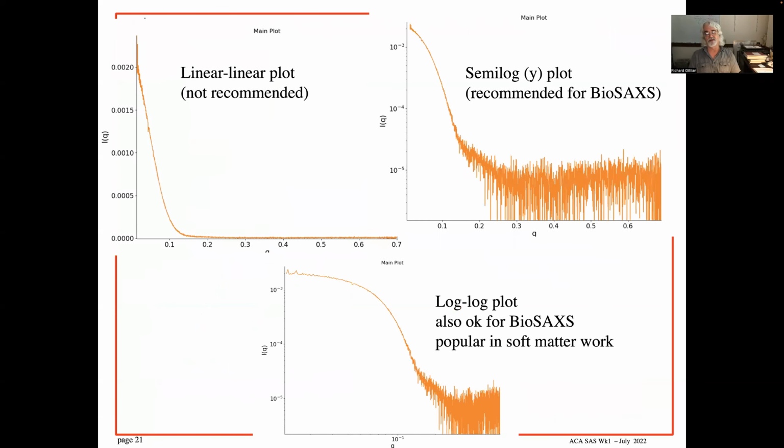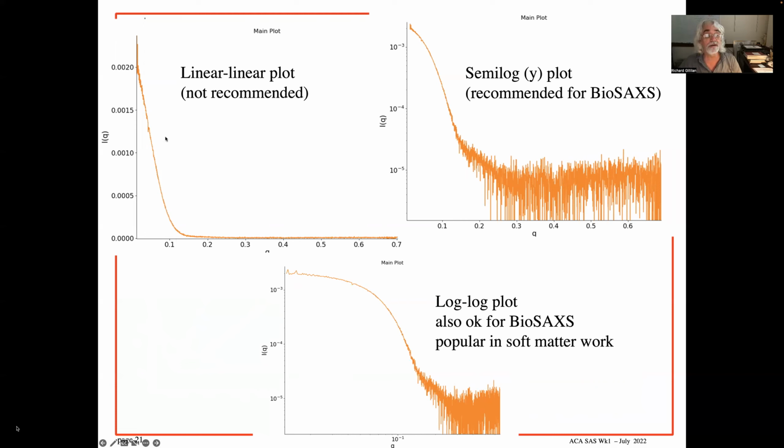All right. So just a little bit about plotting. Most of the time, people like to plot SAXS on a semi-log or a log scale. Biologists tend to like semi-log, where the y-axis is log, because it helps accentuate the features. If you plot on just a linear scale, it falls off really sharply and you can't see much.